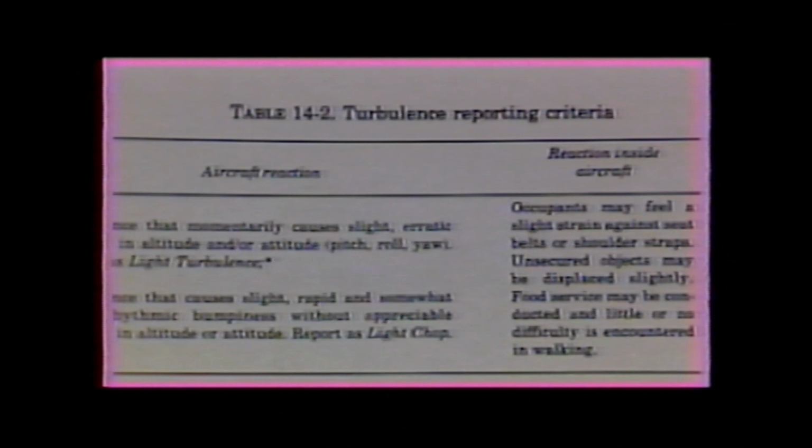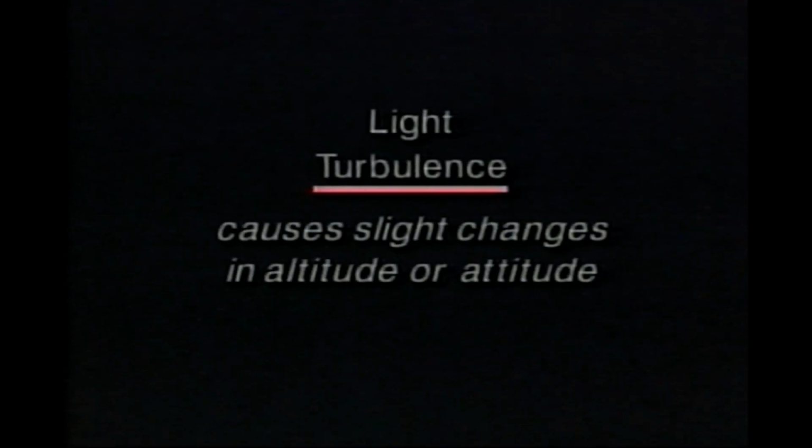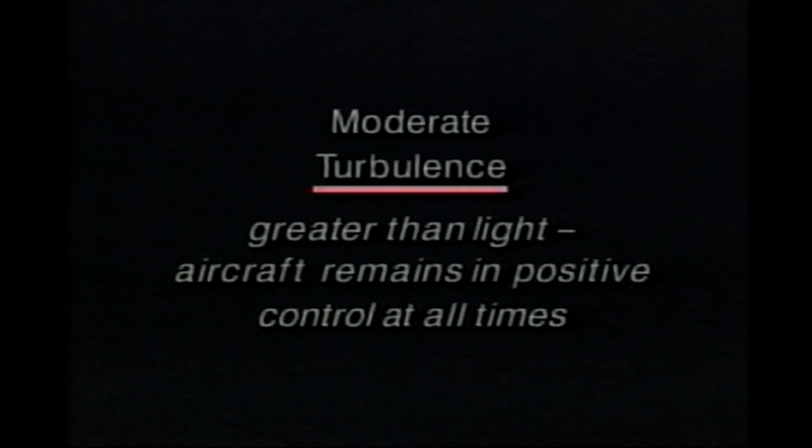This chart shows the FAA's description of turbulence intensities. Light turbulence causes slight changes in altitude or attitude. Moderate turbulence is greater than light, but the aircraft remains in positive control at all times. If you hear light or moderate chop, this is just rhythmic bumpiness rather than the roller coaster ride of turbulence.